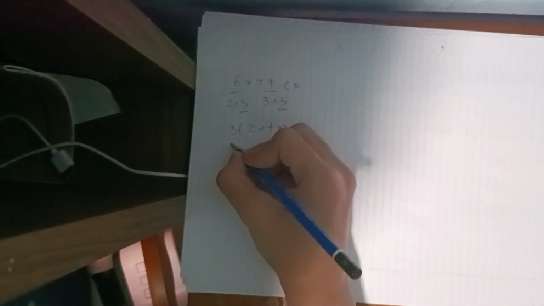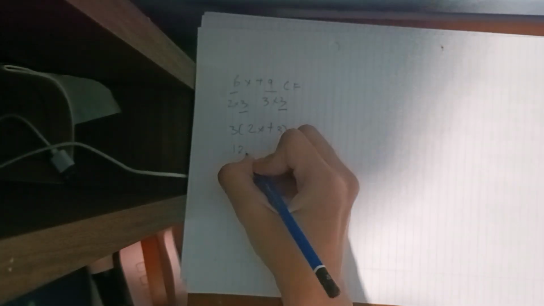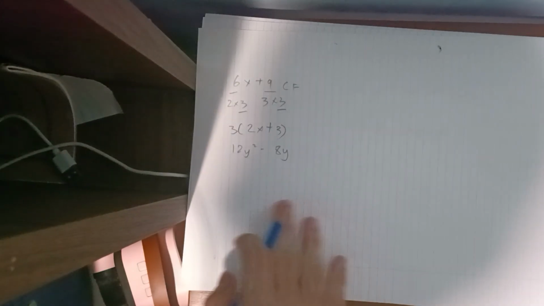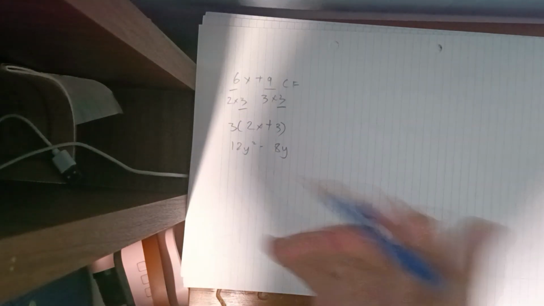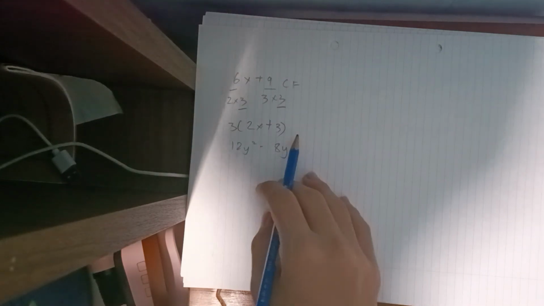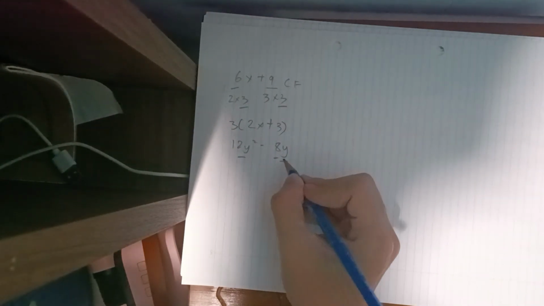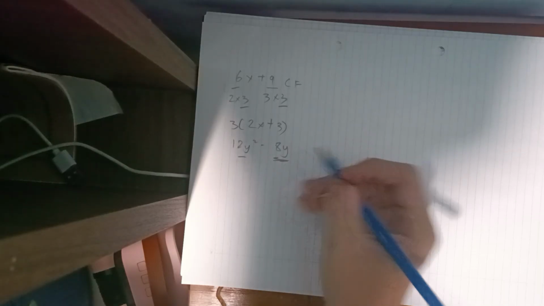Next, let's say 12xy squared minus 8y. How do you begin to solve? Well, first off, these two have y's, so we can factorize out the y.